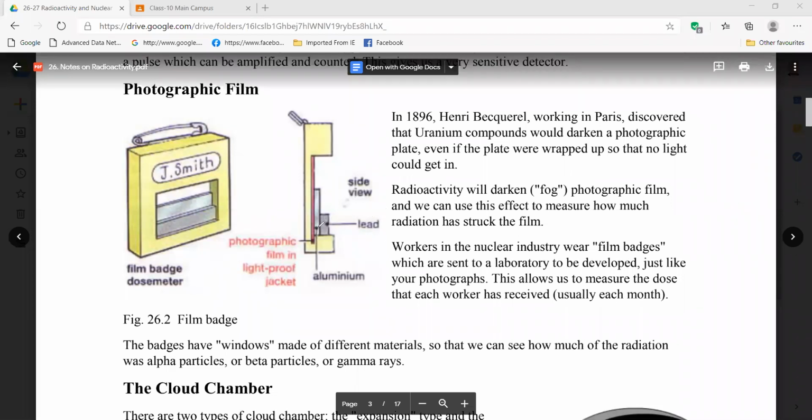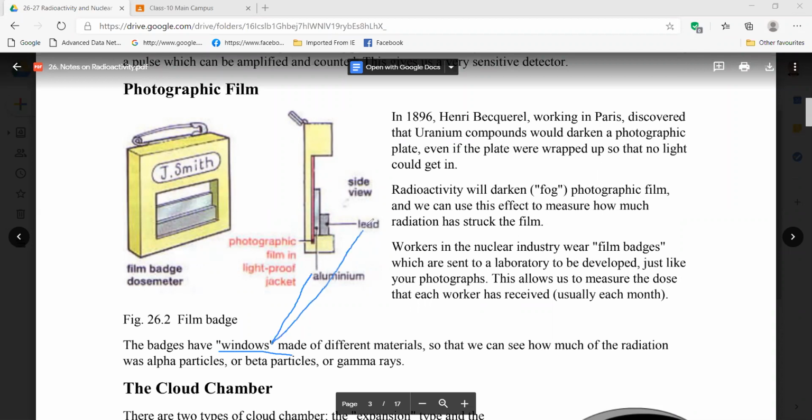Lead, then aluminum. Students, are you getting this? Yes, sir. So look, we are having different windows in the badges. This one I am showing you. These are lead, aluminum, this.